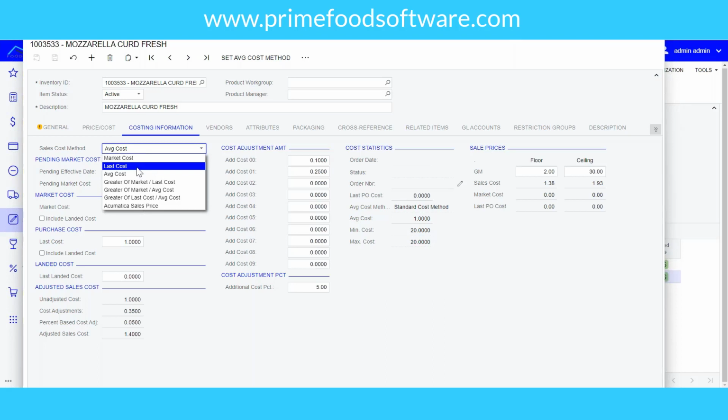Other people utilize this because the PO might be placed today, and although those items might not be received until Thursday or Friday, the pricing they want is to be done off of that PO so that, again, you're protecting your margins. We could be using average cost. And for a lot of our clients, they want to be able to protect their margins, so we give them the capabilities to do the greater of those combinations or just set up a standard sales price.